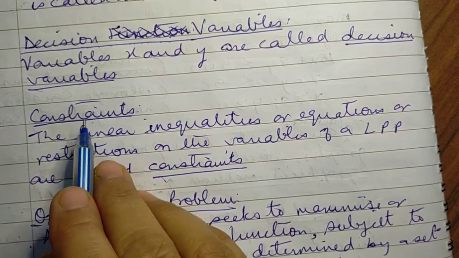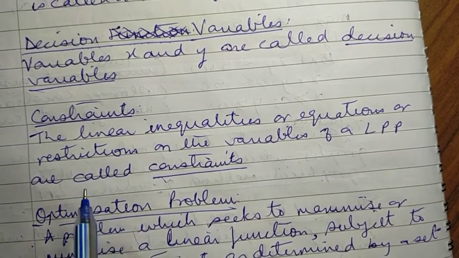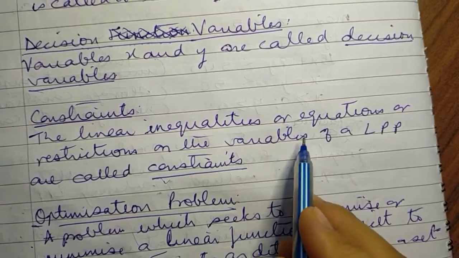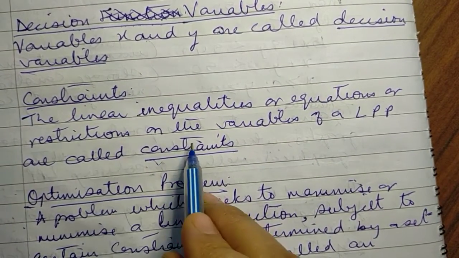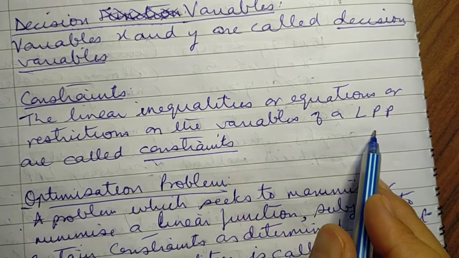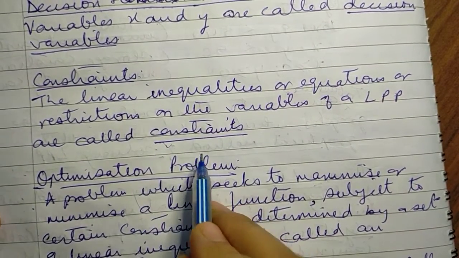Now, the next term is constraints. The linear inequalities or equations or restrictions on the variables of an LPP are called the constraints.